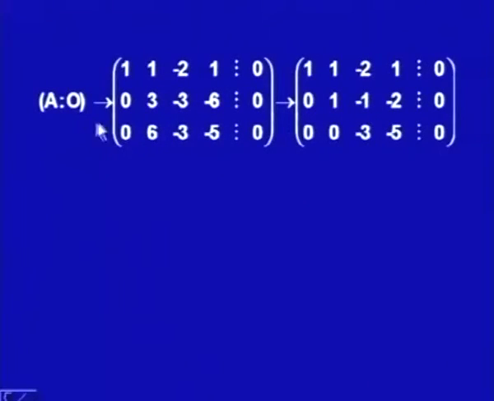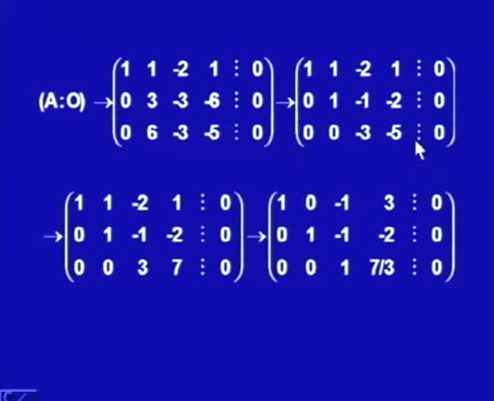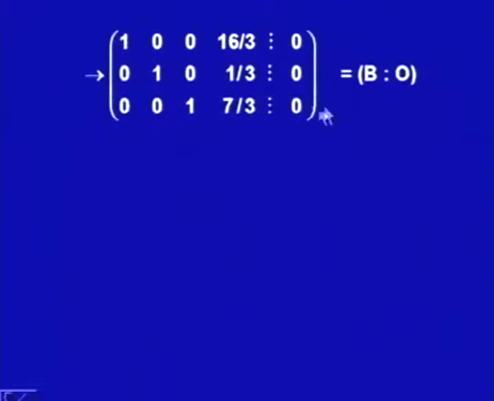So, we start with A0, which is this given matrix. We apply linear transformations. First, we try to simplify this element. This is 0. So, we have this reduced form. Further, when we apply more linear transformations, from here we can go to this matrix, from here to this matrix, and finally we will have this matrix.